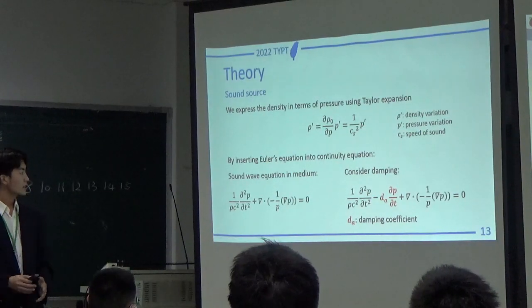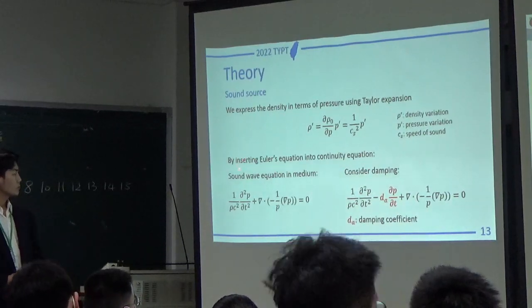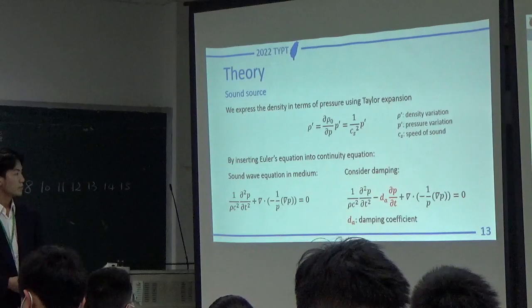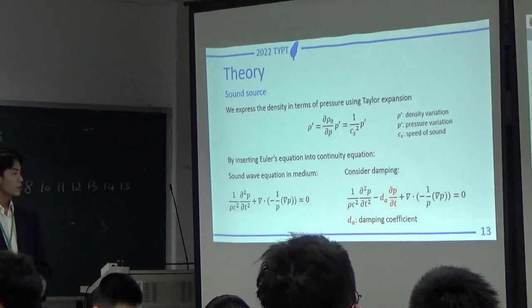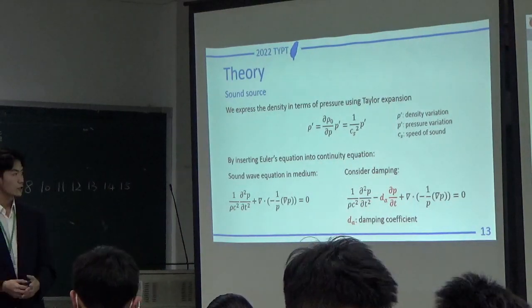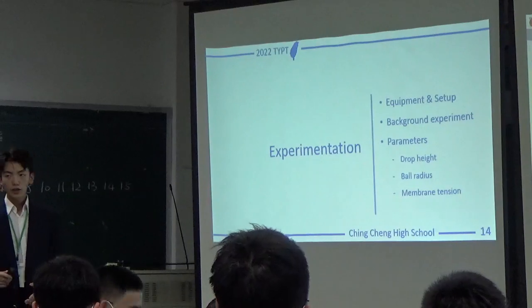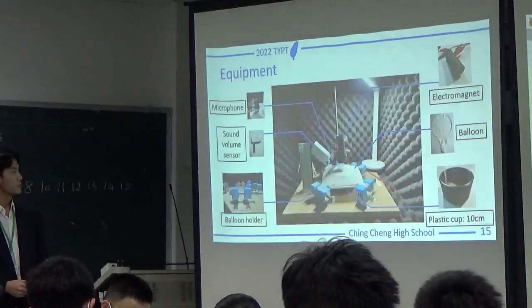By inserting Euler's equation into the continuity equation, we could get the sound wave equation in the medium. If we consider the damping effect in our environment, we just add a damping term into our sound wave equation. Here I will move on to the experiment part of this problem.